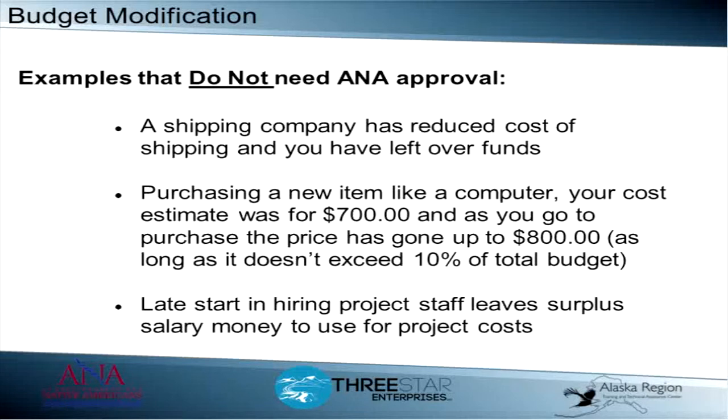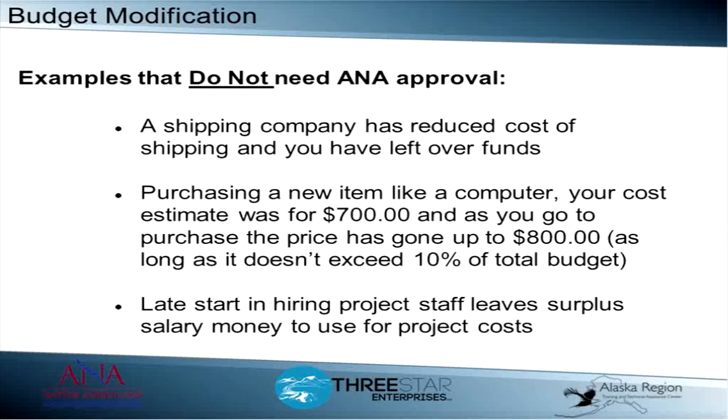Now this last one is kind of a tricky one. A late start in hiring project staff leads to a surplus in money. Your project is supposed to account for 10 months in the first year unless you already have a staff member identified.